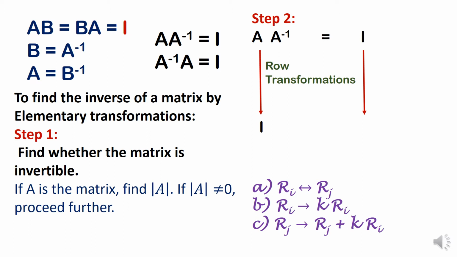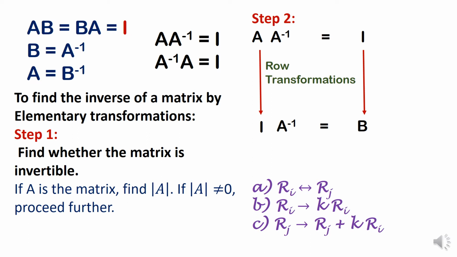The same row transformations are also applied on the RHS to the matrix I, so that as A gets converted into I, the identity matrix I gets converted into a separate matrix, that is B. Thus we have I into A inverse is equal to B. Now remember, an identity matrix is same like the number 1.